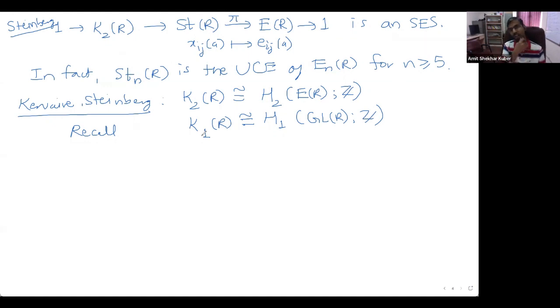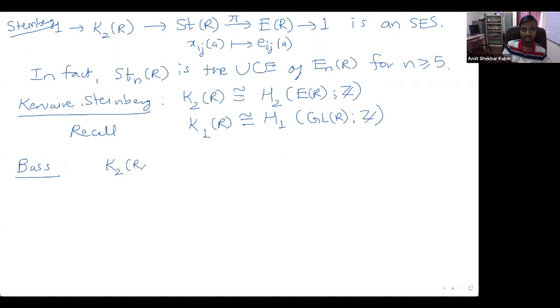In fact, I think we also have the result that K3 of R is the third homology group of St(R). However, these things are really hard to calculate. And as we saw last time, Bass would talk about symmetric monoidal groupoids again.